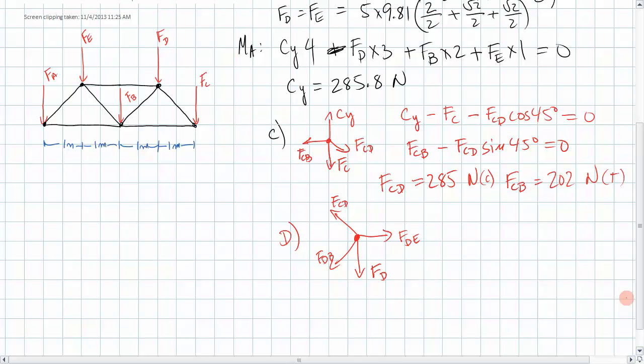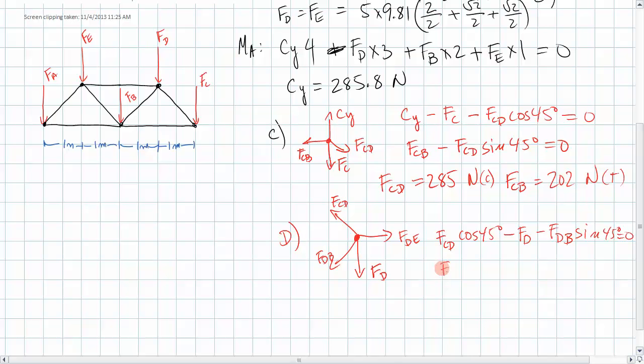That means that FCD cosine of 45 degrees minus FD minus FDB sine of 45 degrees, that's equal to 0.